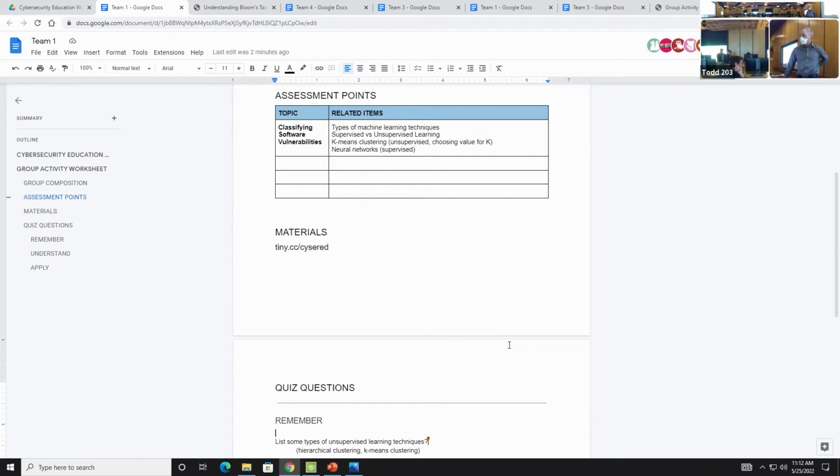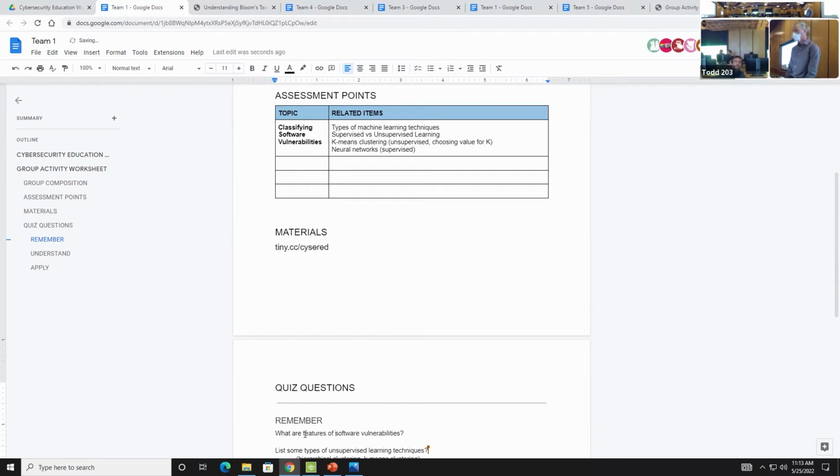One question of remembering would be, what are some features of the software vulnerability case? What are key software... The question was specifically about what are some features. That is an actual term specific to machine learning.